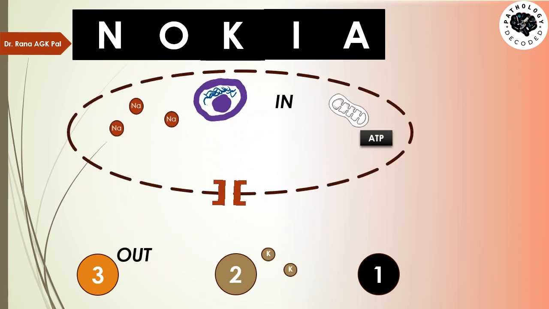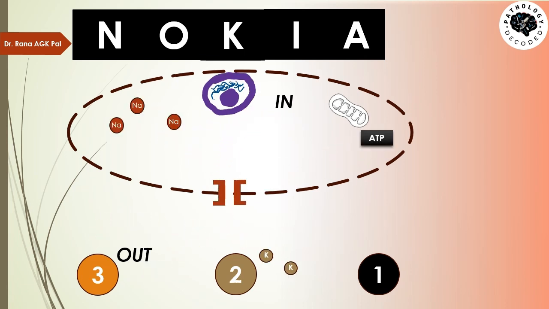Now this pump goes on working. All that passive diffusion which is occurring, pushing the sodium in and the potassium out, the pump will work against it and will again bring the cell into its normal homeostatic state by pushing 2 potassium inside and 3 sodium outside. But if this pump gets damaged or if there is cell membrane damage, what happens?